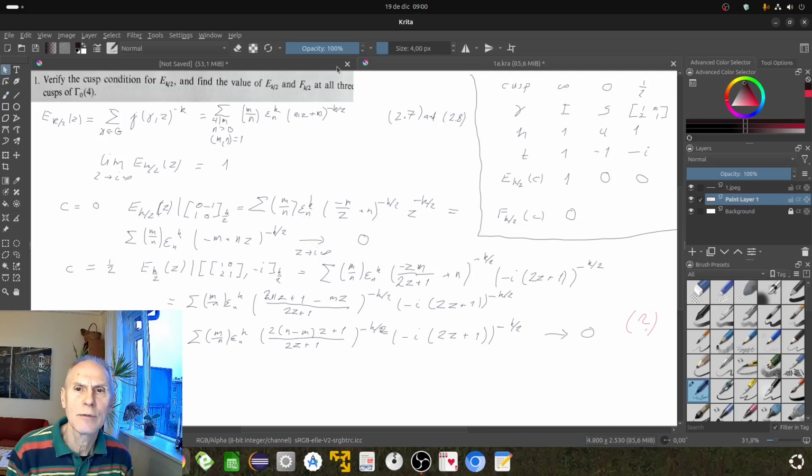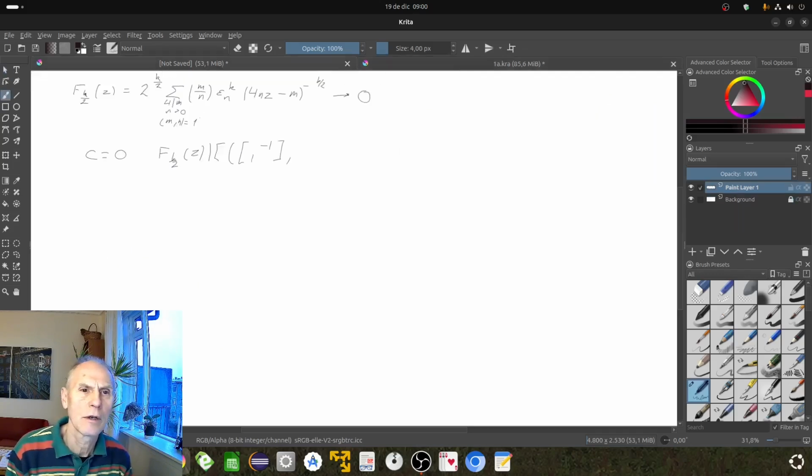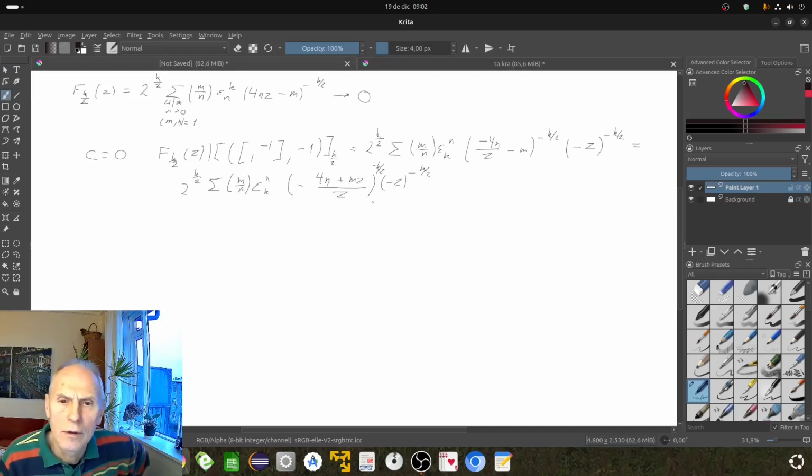T is -1. If we square, then this will tend to naught whenever m is distinct from 0. So that is, we only have the case m is 0 and n is 1 that we need to consider.